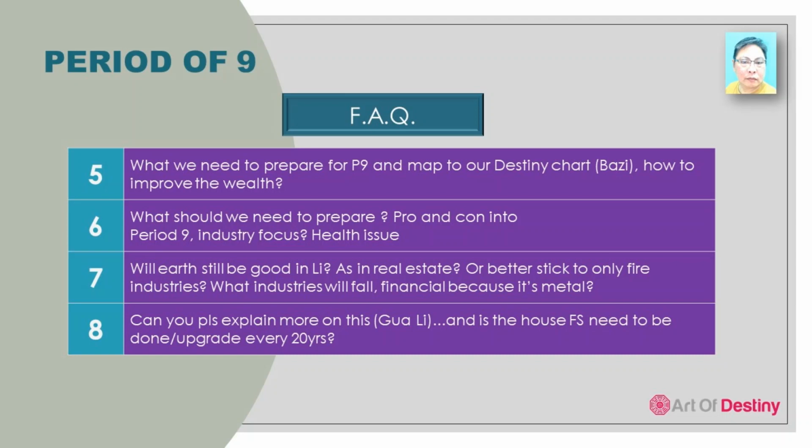Number 8, can you explain more about this Li Gua and how the house Feng Shui needs to be done or upgraded every 20 years? Well, Li Gua, as I said, in I Ching is always referring to female, fire Gua, right? Middle-aged women. But this is in I Ching.